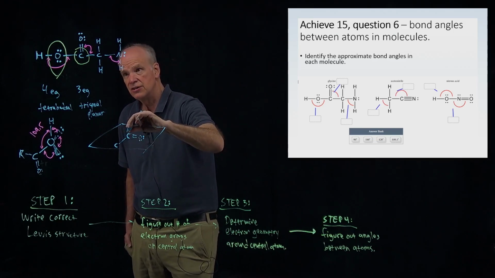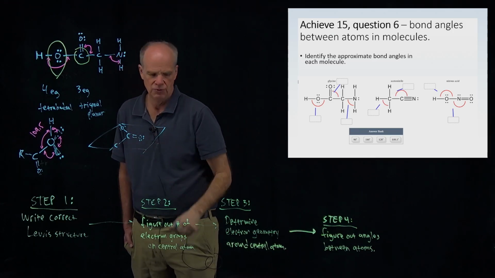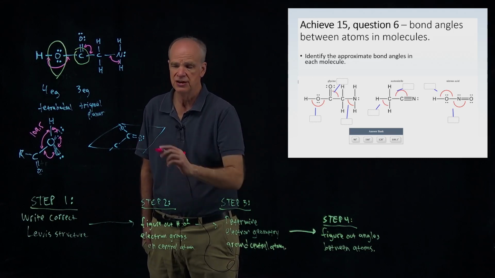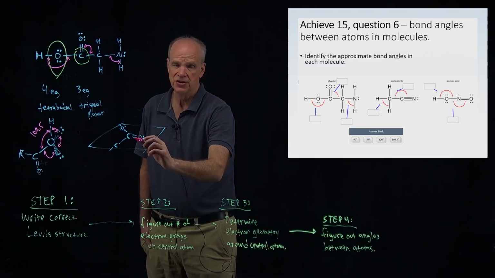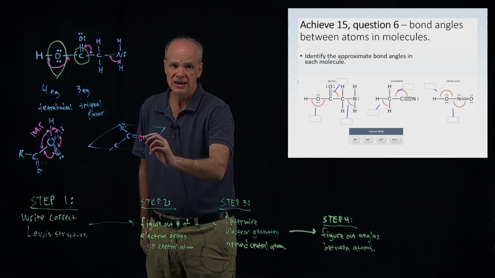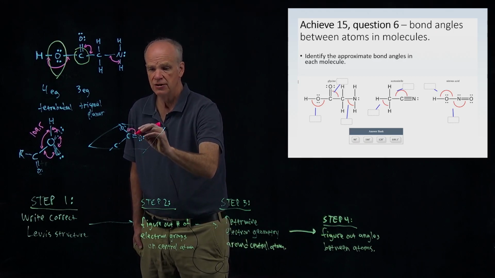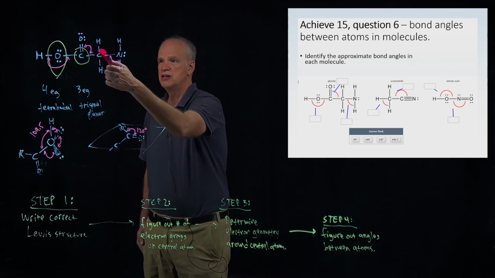And then the other side of the carbon has an oxygen, and that is going to the rest of the molecule. What I'm hoping you know at this point is that when you have trigonal planar geometry, because these three electron groups are in the same plane, they get as far away from each other as they possibly can, and the angles here are going to be about 120 degrees. So the answer for this one should be about 120 degrees.